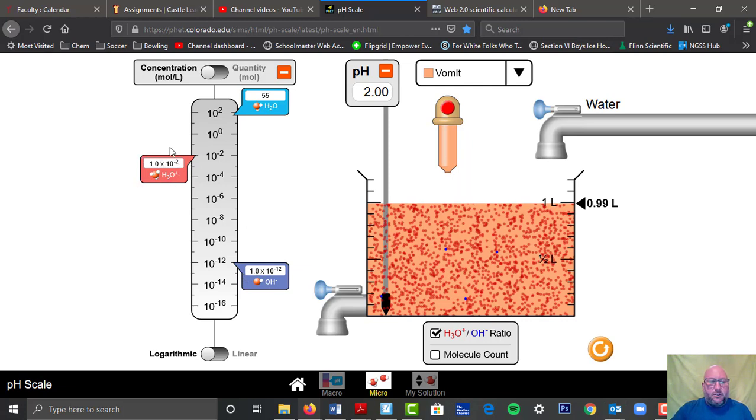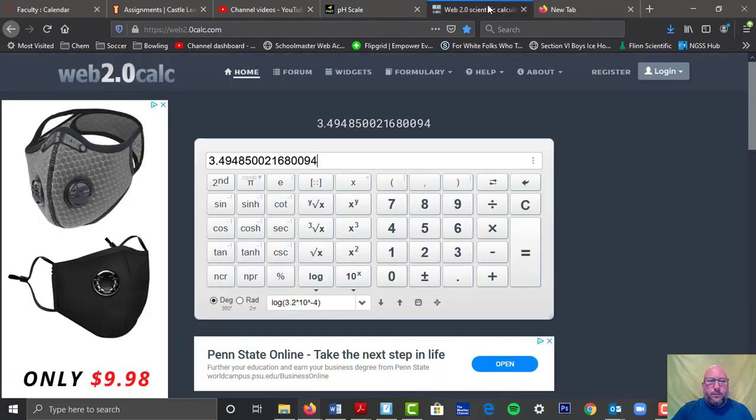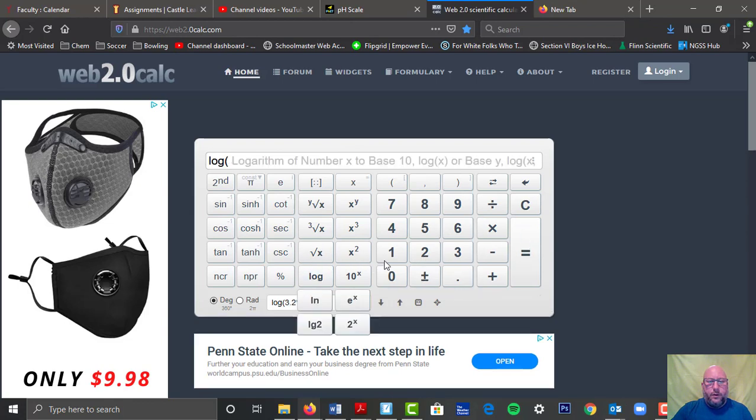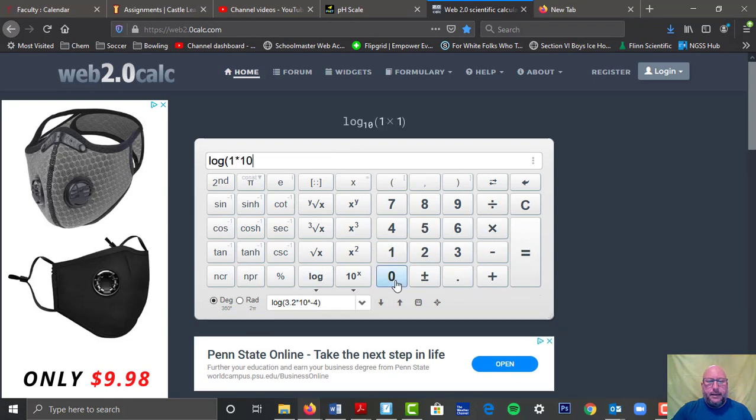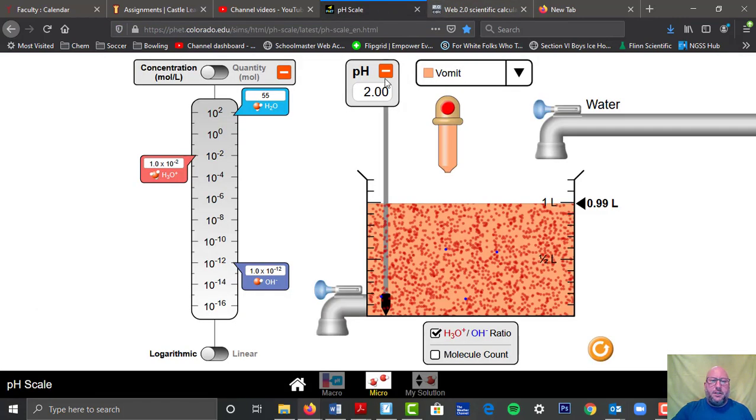So if I take this concentration of hydronium that's found in the vomit, 1 times 10 to the negative 2, and I put it into my calculator, logarithm 1 times 10 raised to the negative 2 power, I get negative 2. Now if I take the negative of that, I get 2, my pH that's found up here.